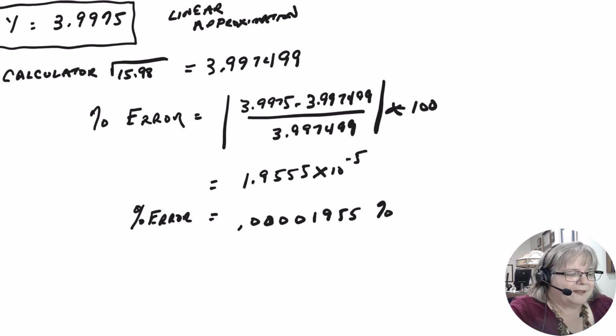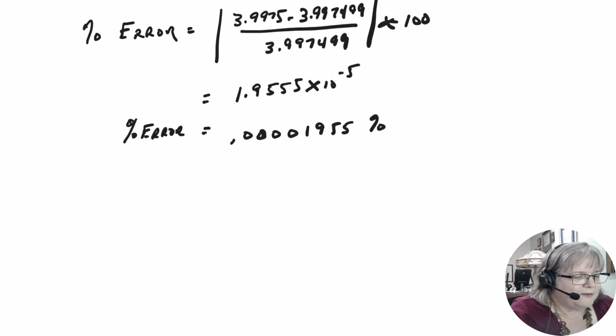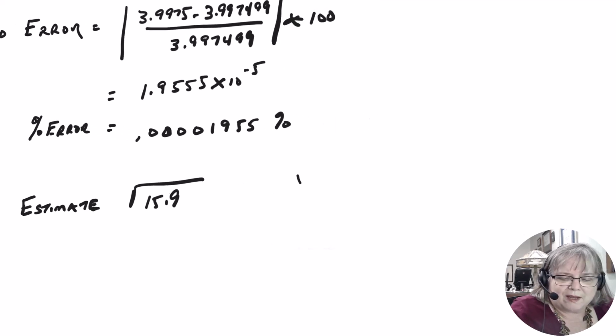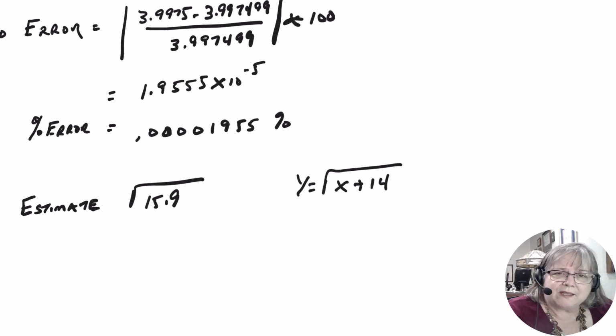All right, let's try one more. Okay, let's just try, just for grins, to estimate using our linearization the square root of 15.9. Now remember, all we had to start with was the linearization of the square root of x plus 14 at x equal to 2.